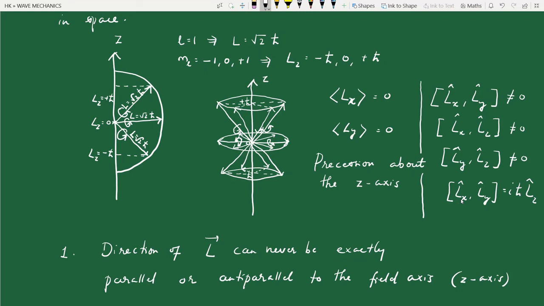The electron's plane, or the angular momentum vector, will be precessing around the z-axis. But this precession has a quantized nature. The precession directions are such that their projections along the z-axis are quantized, and this is called space quantization. Let us conclude our discussion on space quantization.